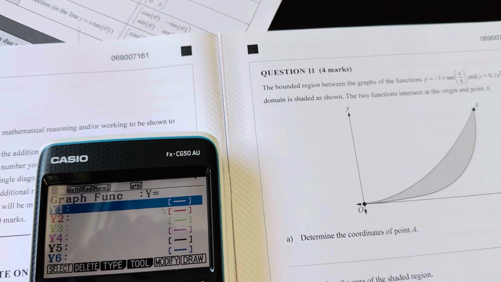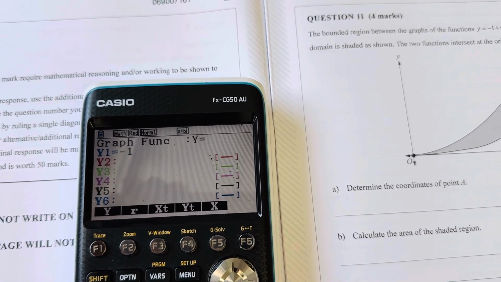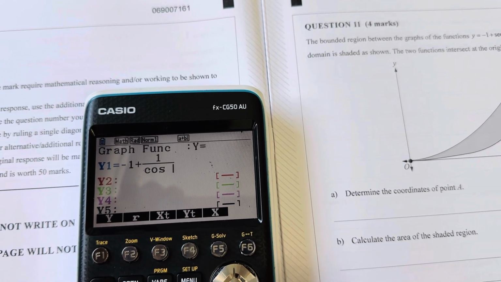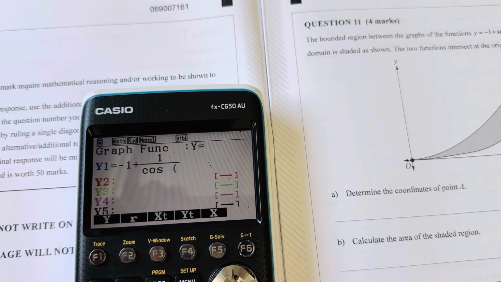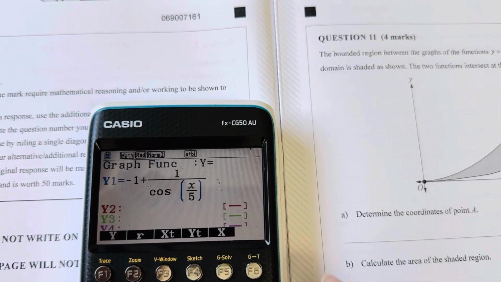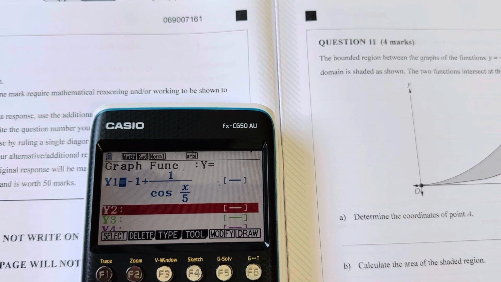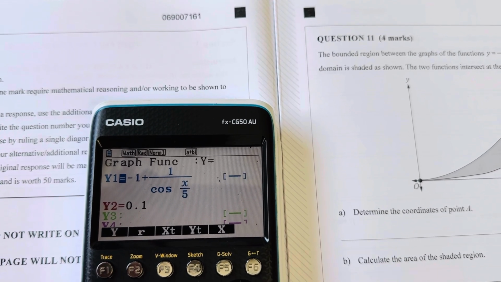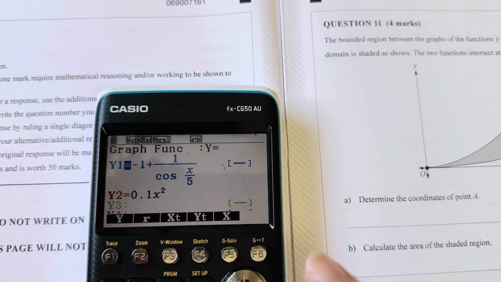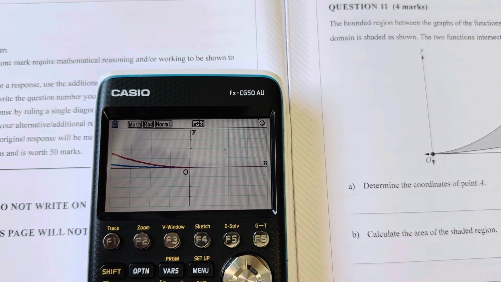My first graph is -1 plus sec, and sec is 1 over cos, so I'm just going to go 1 over cos in brackets x over 5, close my brackets. Then I'm going to go 0.1 x squared. Oops, I've got x squared, didn't hit four. Draw.